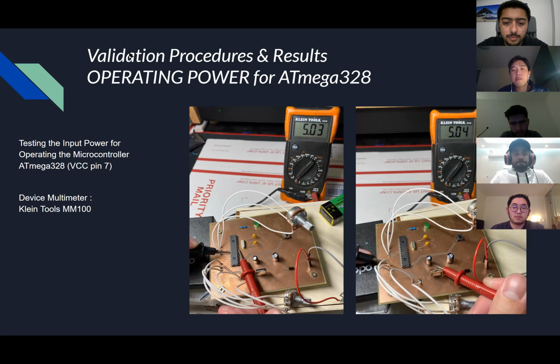The display shows 5.04 volts DC. And I use the same method to test the VCC pin number 7 of the Atmega 328 and the ground. We have 5.03 volts DC, which is very close to the expected value of 5 volts DC for operating the system. So in this test, we pass.